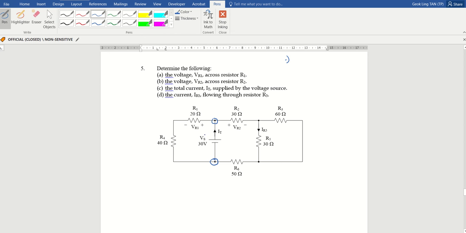So from here, because you know the voltage drop across this point, you can apply VDR. So for part A, you apply voltage divider rule.